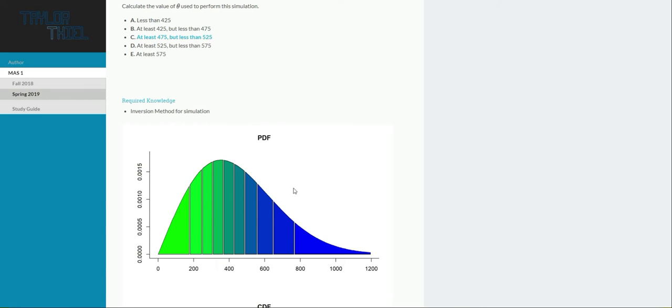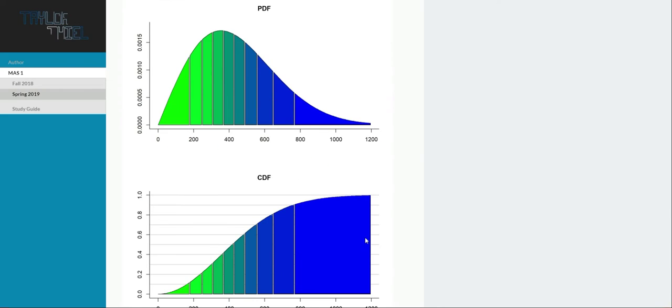This is the PDF, and I've broken it up into deciles. Each of these sections is 10% of the distribution, so the area under the curve for each would equal 10%. That's why it's narrower towards the middle and wider towards the outside, because those values occur less frequently.